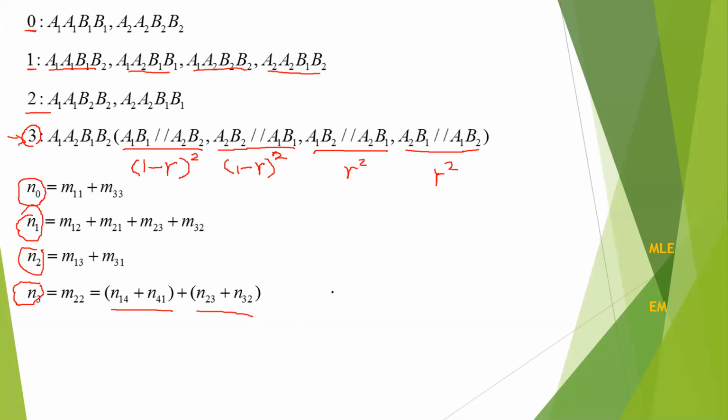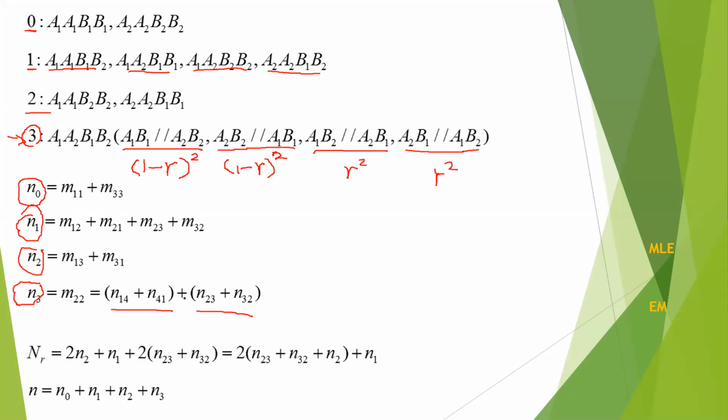Okay. Now, if we assume we can distinguish the individuals in this category, we can easily get a very nice closed form for the MLE estimation.